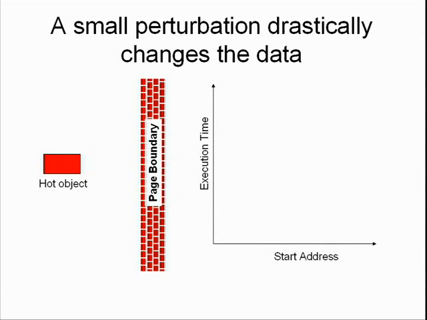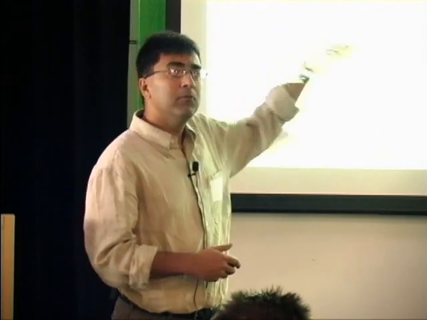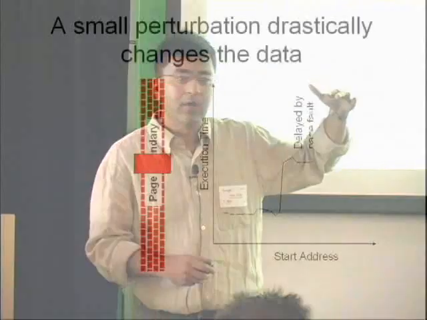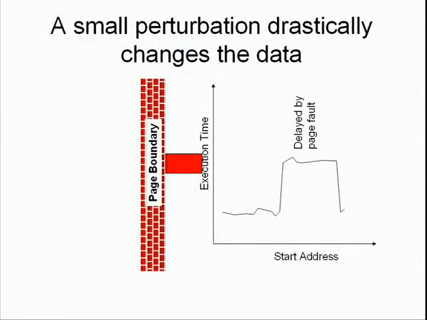Just as with the commute, I can move this object around, but at one point I will end up straddling the page boundary. So rather than fitting on one page, this object now fits on 2 pages. When that happens, your program will probably run much slower because you have additional paging activity.